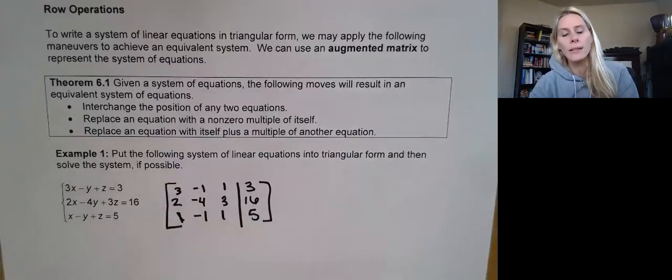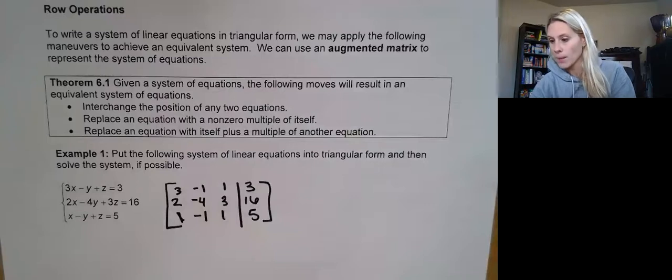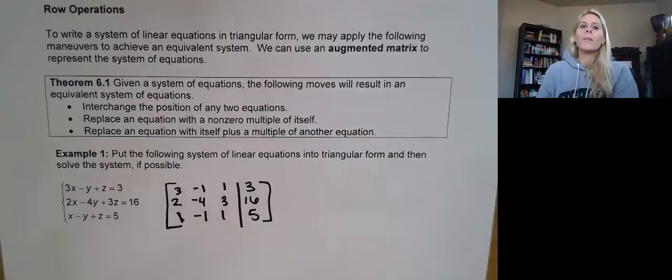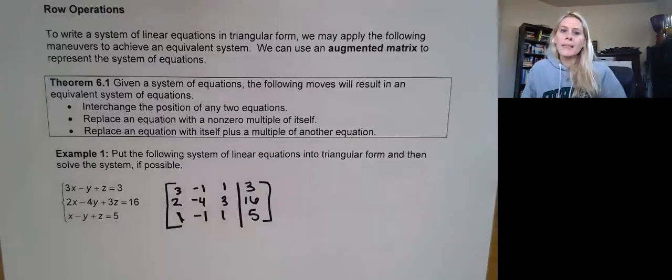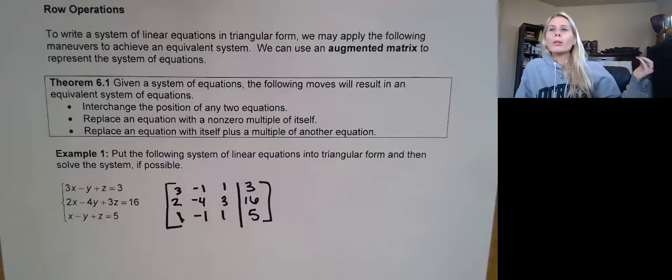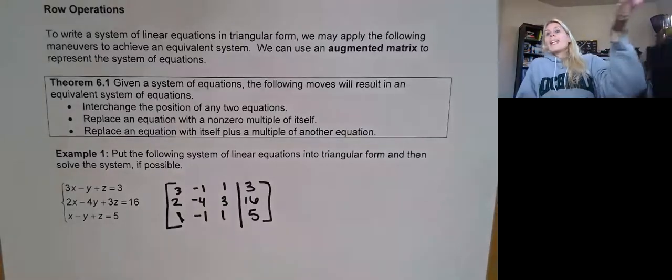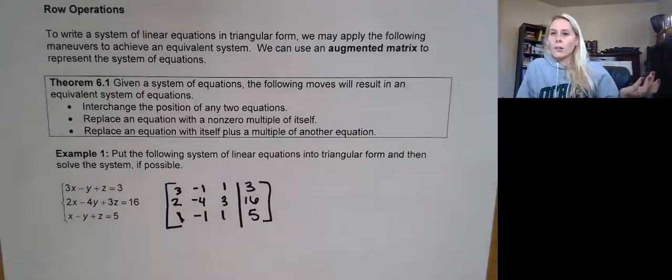So when we do this now, there are a couple of moves that will help us make this triangle formation. The first thing is interchanging the position of any two equations. What does that mean? I'm going to switch the rows around to make it easier on myself. The other one is replace the equation with a non-zero multiple of itself. So that's what we were doing when multiplying an equation by 2, so that we can then eliminate it with another equation.